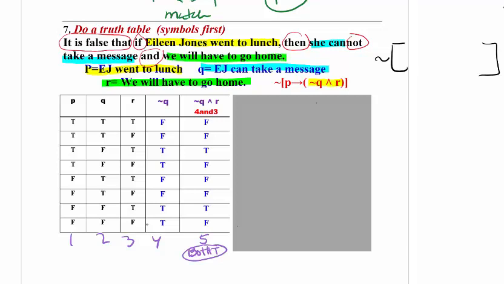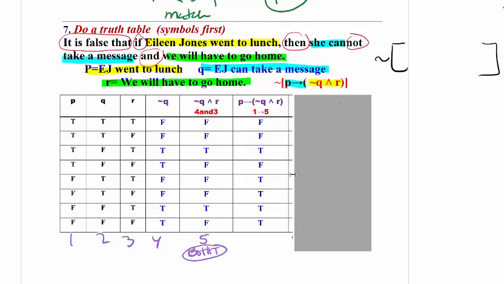Now we're going to go to the rest of our piece on the inside. So we're going to finish this next step with doing that if-then statement. Like I said, it looks complicated when you write it out in symbols, but I'm doing column 1, then column 5, and remember our rule here: the only time it's false is if it's true then false. So true then false gives me a false.